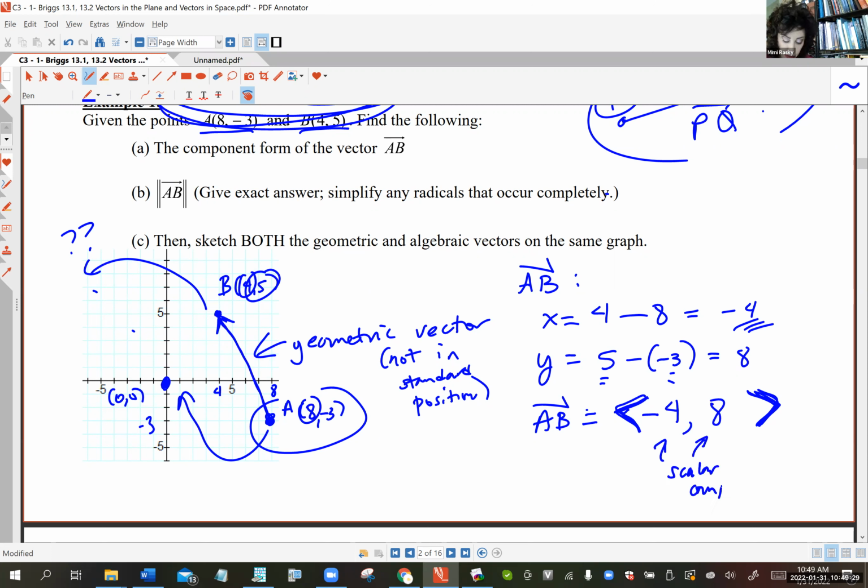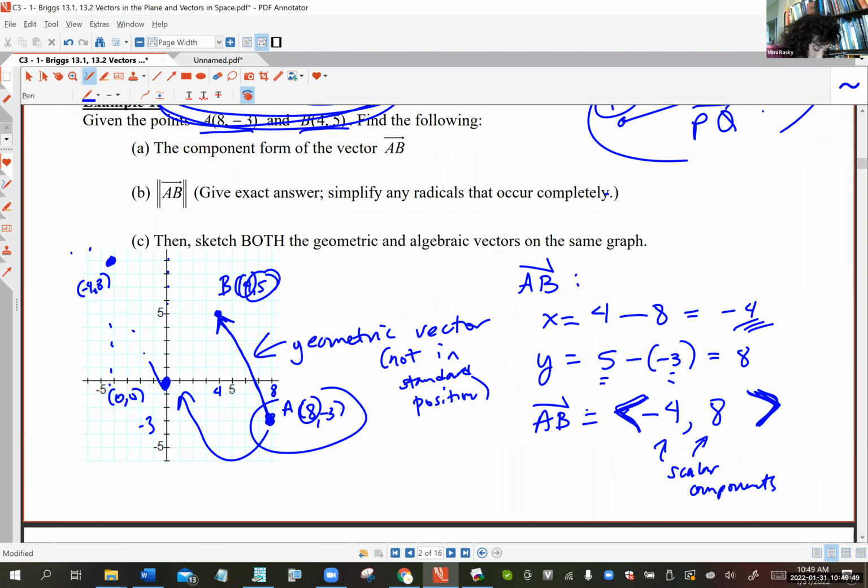The two pure numbers here, because a scalar is simply a pure number, are -4 and 8. So if I find -4 and then 8, where is it here? It's right about here. There's the coordinates -4, 8.